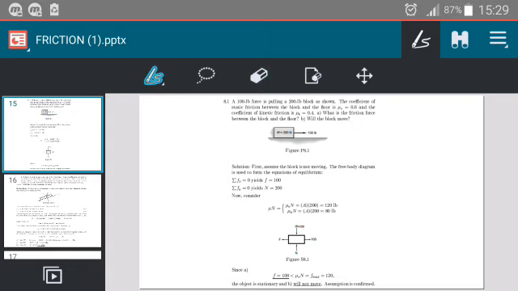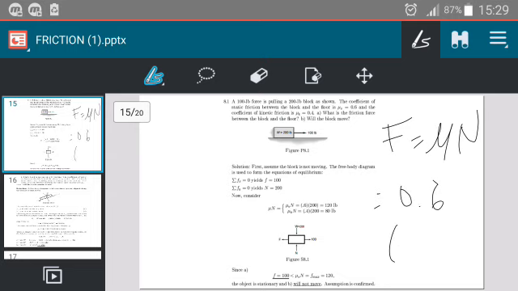Makukuha na natin yung friction force. F is equal to mu N. So, 0.6 times 200 pound is equal to 120 pound. Yung 120 pound, yun yung least force na mapapagalaw niya yung 200 pound. Kaya, yung sagot sa B, will not move kasi 100 pound lang siya.